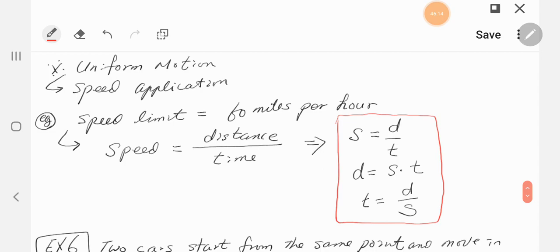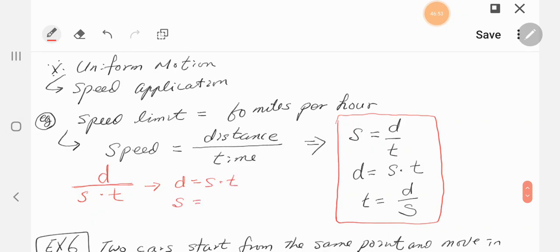Uniform motion is related to the speed application. So speed is distance over time. Based on this, we can have distance is equal to speed times t, and time is distance over s. Or we can try this: write d, s, t in a triangle and draw a horizontal fraction bar. From this, distance is equal to s times t.